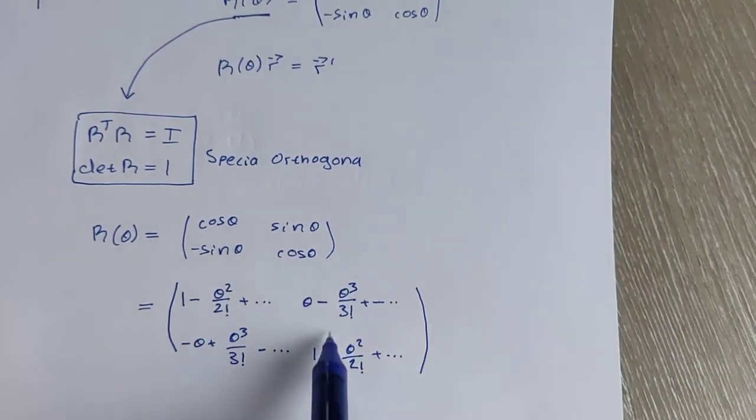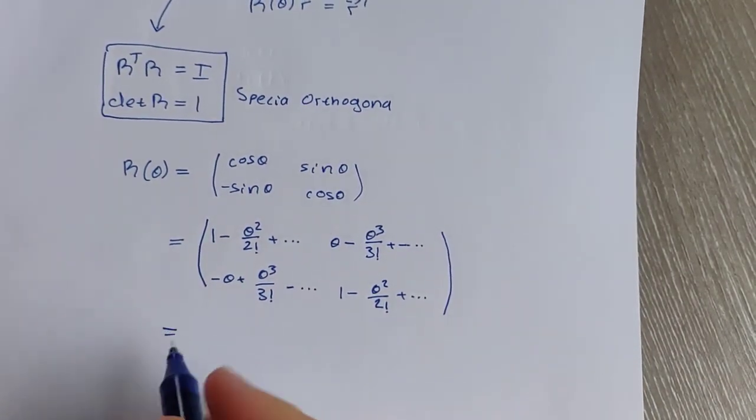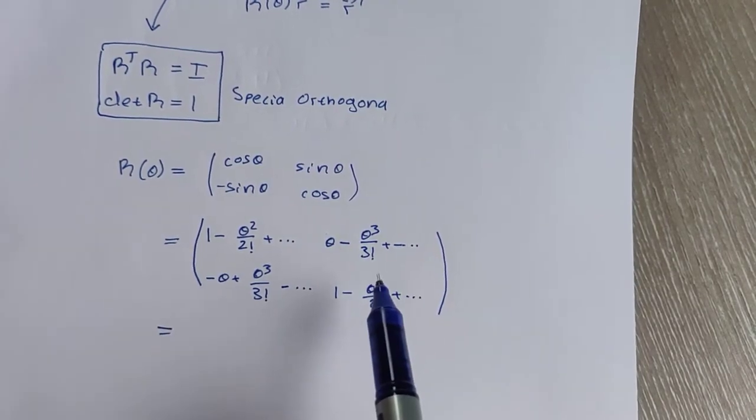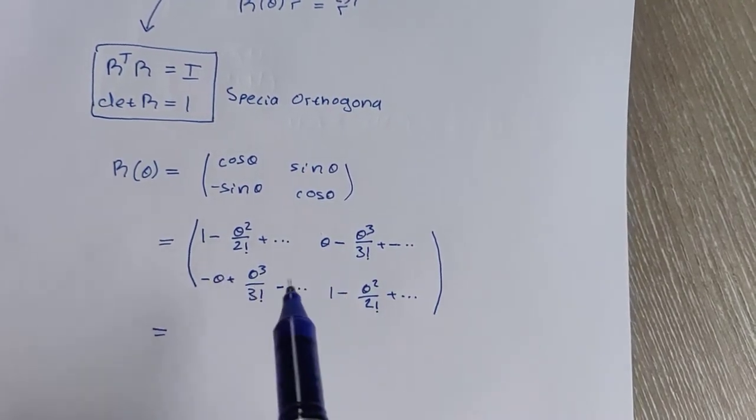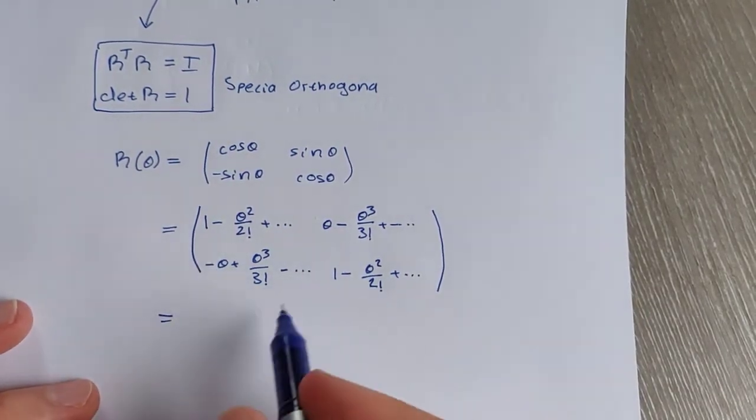Okay, so just sine and cos of theta all expanded, and then what I'll do is I'll factor out each order of theta multiplied by the corresponding matrix.